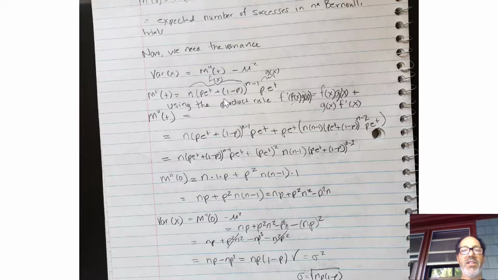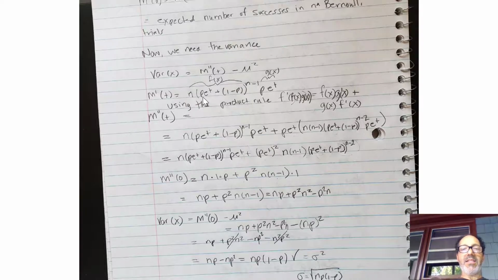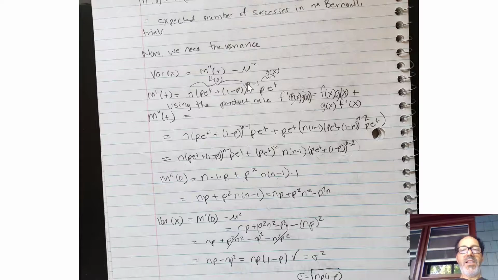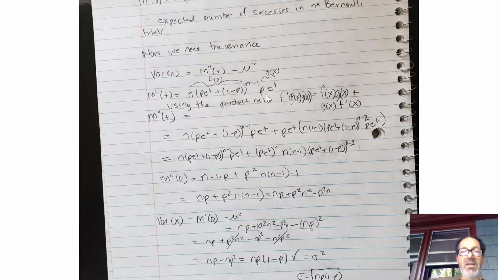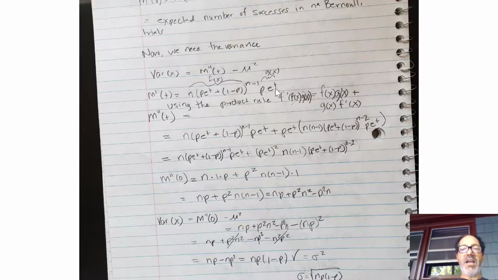That first derivative is a product. One part of the product is n times p e to the t plus 1 minus p, to the n minus 1, times p e to the t. So this is a separate piece, and we actually have two different pieces here. We go ahead and use the product rule.